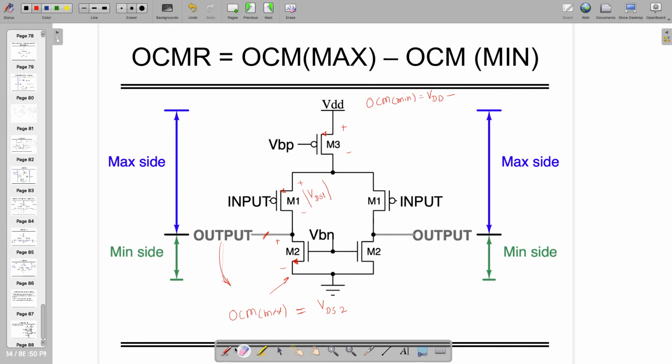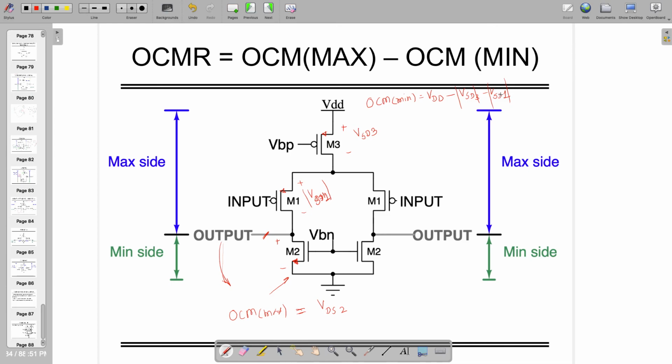Rather than writing this, it's VSD3 and this is VSD1. So VSD3 minus VSD1. Notably, when you are doing this, these VSD3 and VSD1 have to be positive, and while doing this you will understand that these values have to be more than 250 millivolt.